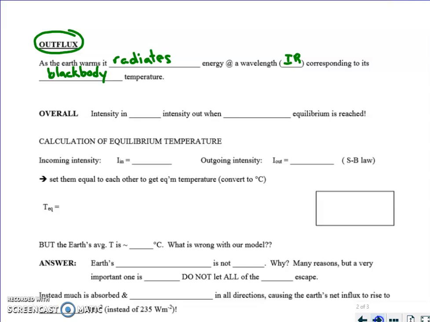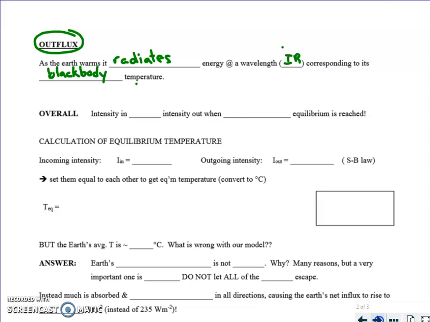Yeah, it might reflect some visible light, and you can see it with the naked eye. But if you look at the radiation coming from the Earth, it's all in the infrared range. And it's in the infrared range because of the Earth's average temperature as a black body. So we want to understand what that temperature is, thus giving rise to the infrared radiation, because it's infrared radiation that's crucial to the greenhouse effect.